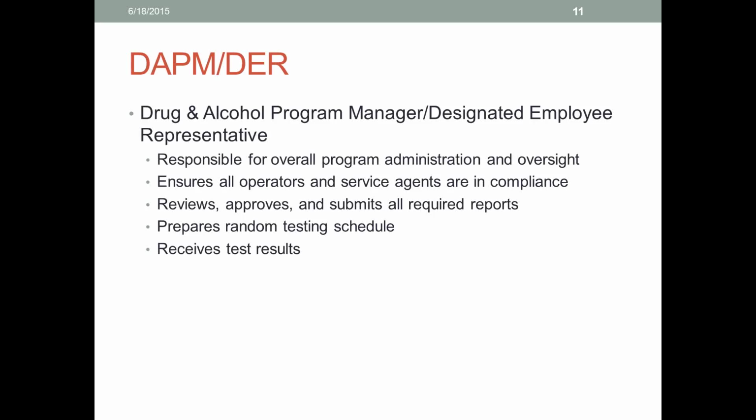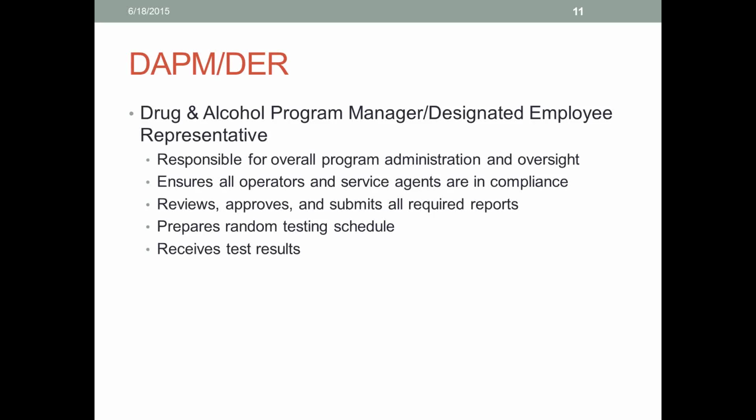That's the person who has to make sure that all the operators and service agents are in compliance, that all of the required reports have been completed, that they are accurate, and that they are submitted within the deadline. That's the person who has to make sure that the policy is up to date with all of the current regulations, if there have been any changes, et cetera. And that's the person who primarily is going to be in contact with Jeff or myself about what those requirements are and how often they change.